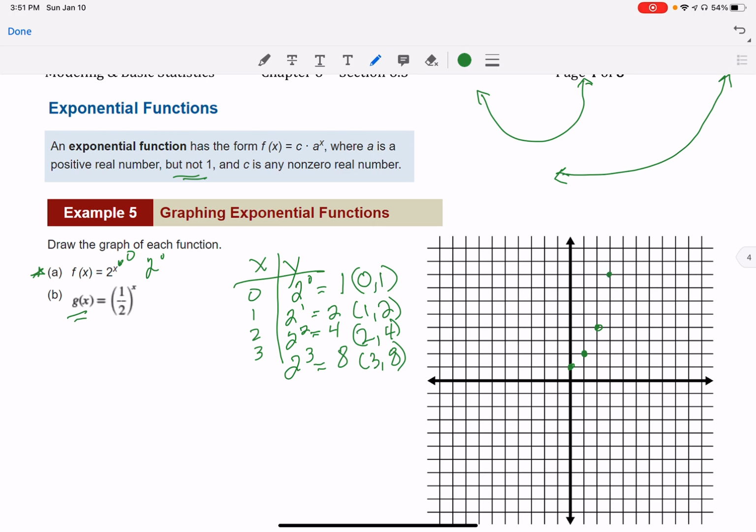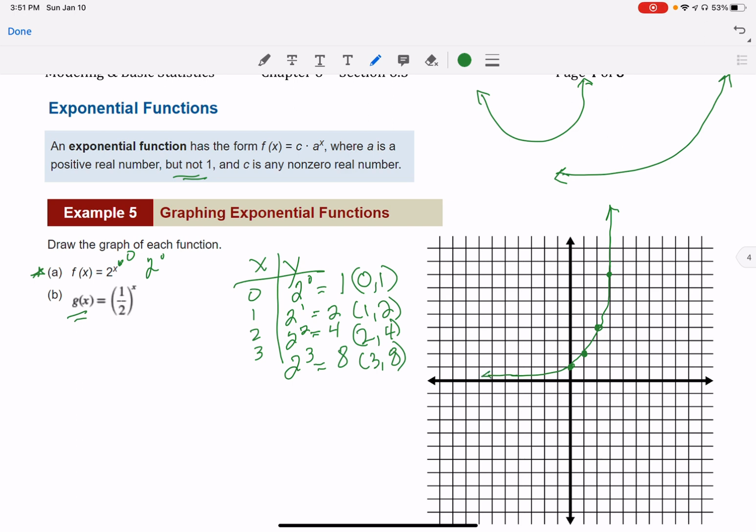Now, the thing about exponential functions, it'll get close to touching the x-axis, but it won't touch it. If I were to put some negative numbers in, I will be able to get some negative x values. The outputs will be fractions because they will keep getting closer and closer, but they won't touch it. So these lines kind of go like that.